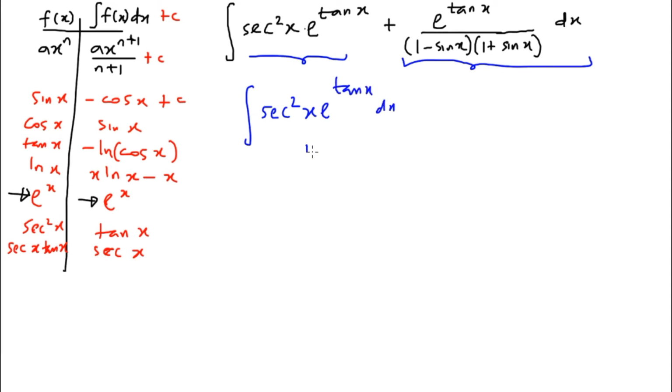So I just need to say let u become tan x, because if u is tan x, then du dx will be equal to sec squared x, the derivative of tan x. I said it the other time that you may need to watch my video where I talked about derivative.